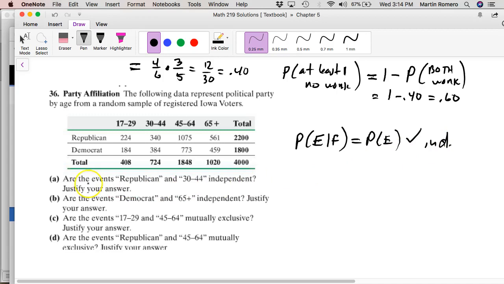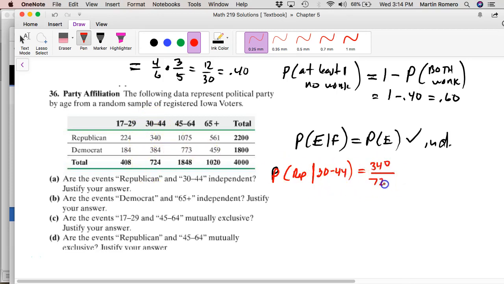Okay, and so are the events Republican and 30 to 44 independent? So let's calculate this. The probability of being a Republican, given that you're 30 to 44, is equal to, so we're looking at only 30 to 44, and so this is 340 Republicans out of the 30 to 44 people, because that's the given.